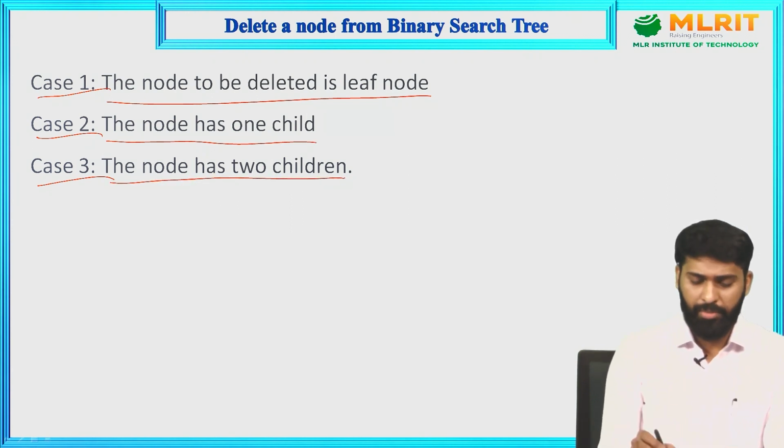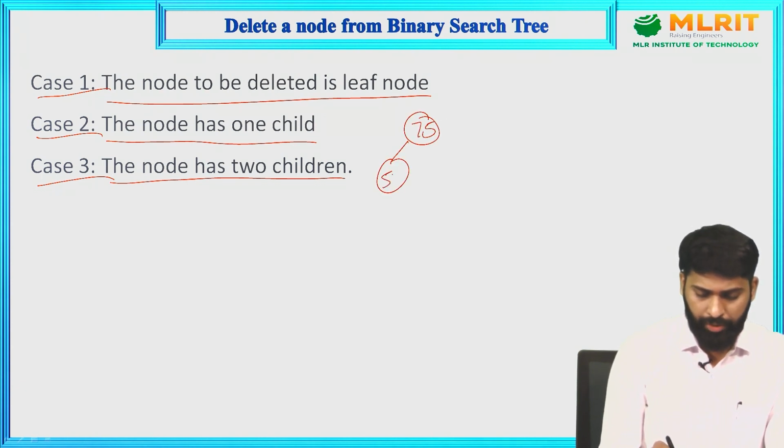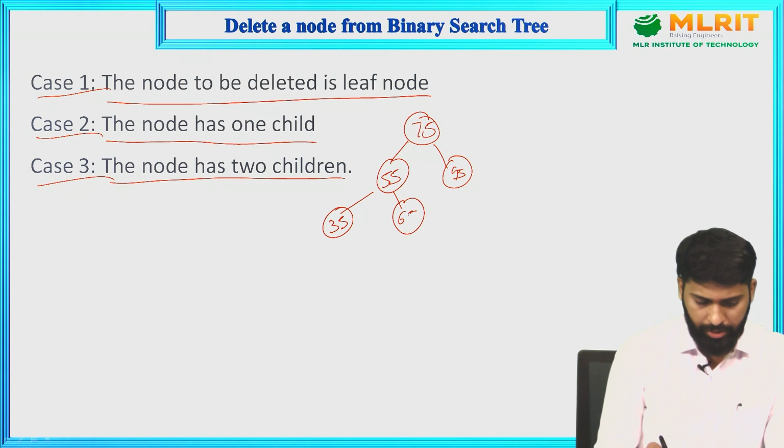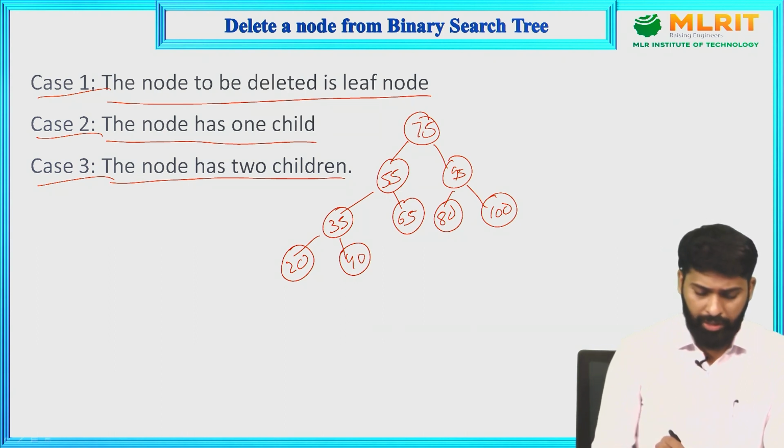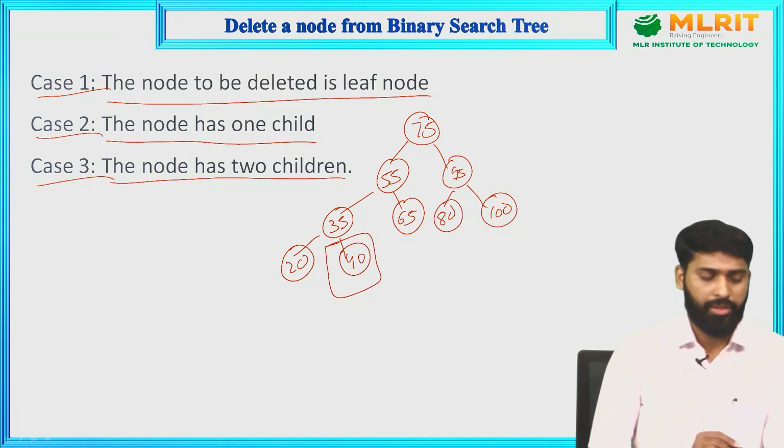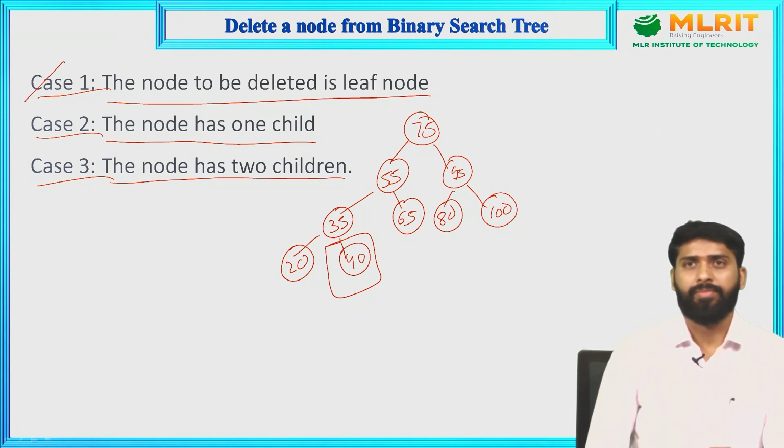For example, this is the tree: 75, 55, 95, 35, 65, 80, 100, 20, 40. Now if I want to delete 40, this is a leaf node, that comes under case 1.